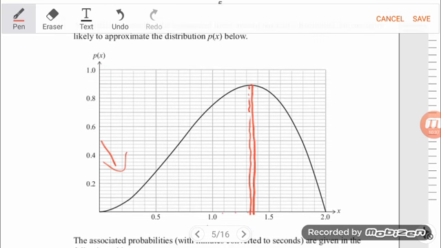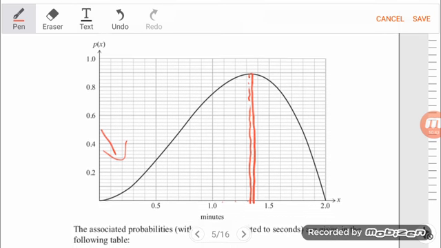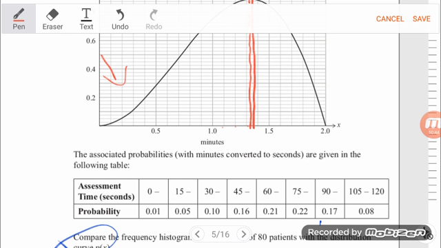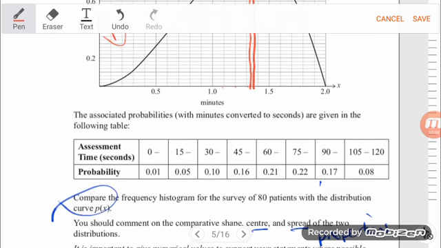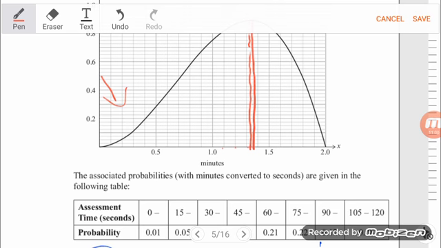Or 1.34 if you like. No, about 1.35 is more the center. That says minutes too.